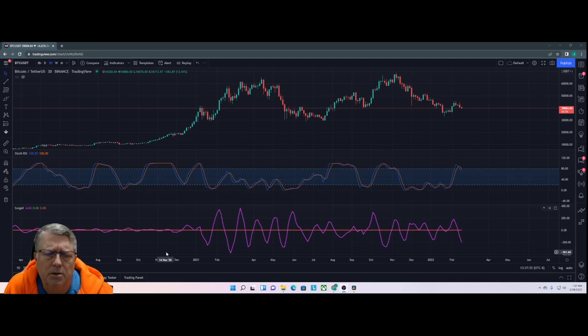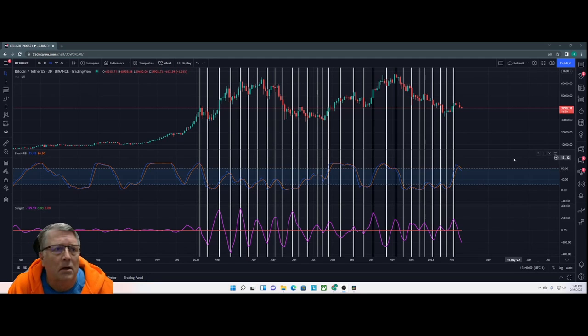So the next thing I'm going to do is draw vertical lines that match the peaks and troughs of the surge oscillator to show a better picture of the intervals that are in the market. So I've drawn these vertical lines across the peaks and troughs of the surge oscillator, and as you can see, the intervals between these peaks and troughs are fairly consistent, but not exactly.